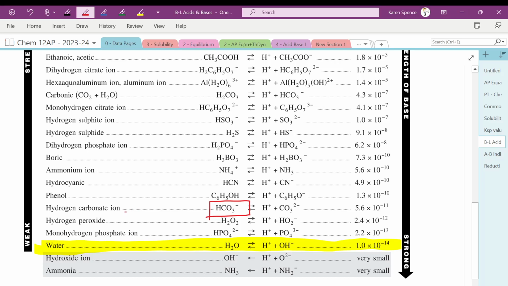Well, maybe you're not using it for that. What one do you It's basic. HCO3 is 5.6 times 10 to the negative.